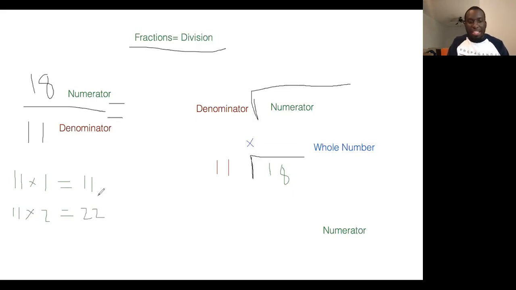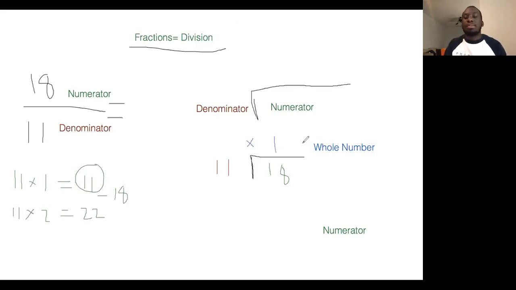I know that 18 is here, right? So which number gets me the closest to 18 without going over? 11. And 11 times what equals 11? Just 1. So I'll put it on the top.